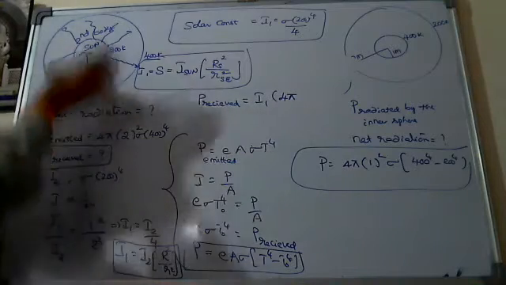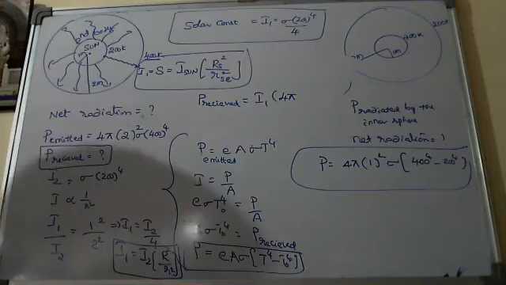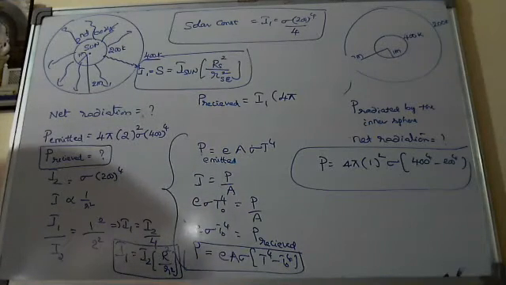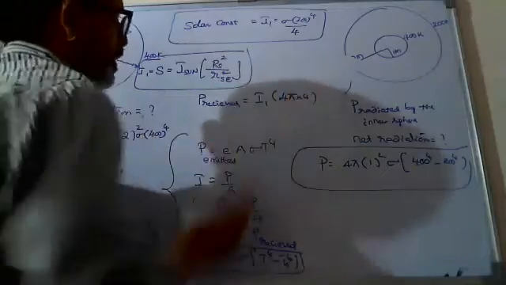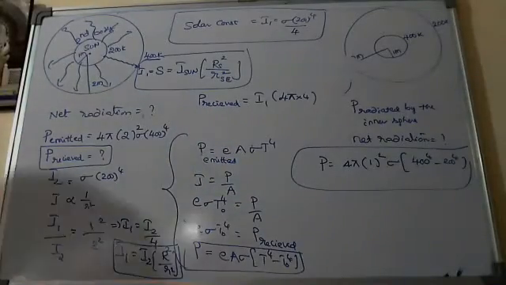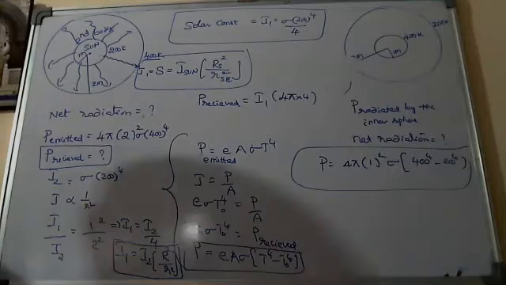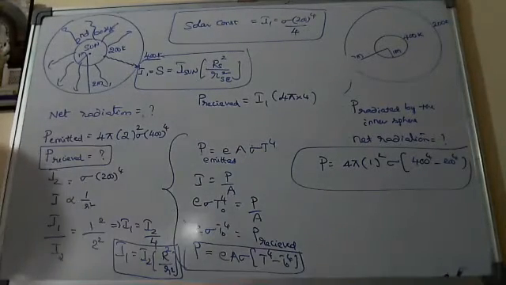what is the surface area here, Nana? 4 pi 2 square or 4 pi 1 square? 4 pi 2 square. Right. 4 pi into 4. This is the power received. By that, here you can calculate what is the net radiation between the two.